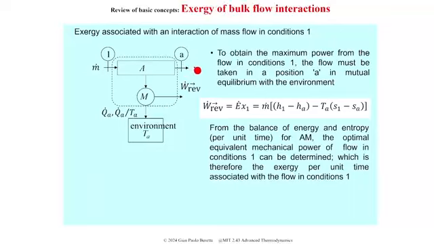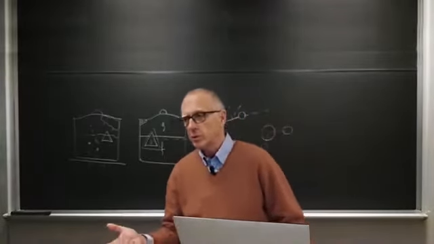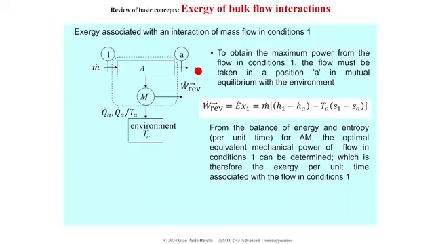And I will give it to the environment at conditions where I have extracted as much as I could. So when it is in mutual equilibrium with the environment, essentially, at least from the thermal point of view, and typically also the pressure point of view. So the environment here provides also ambient pressure.